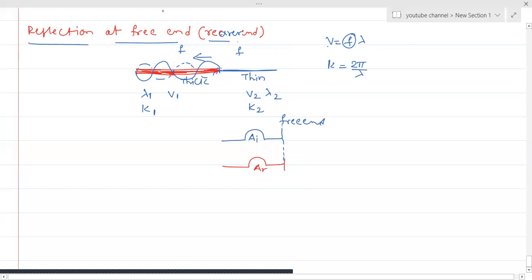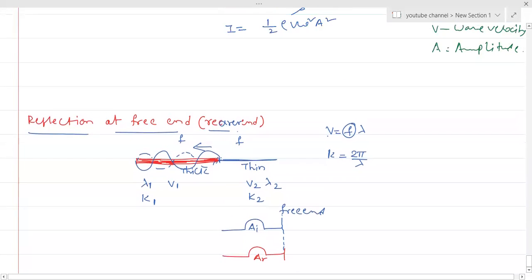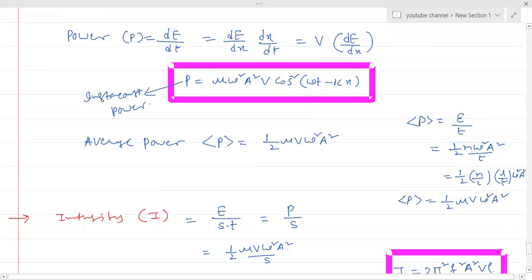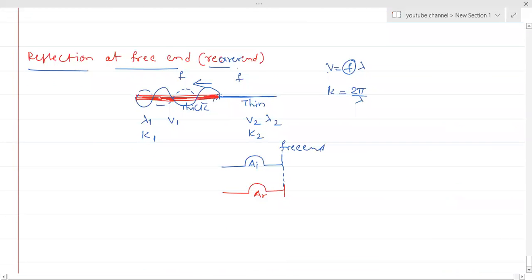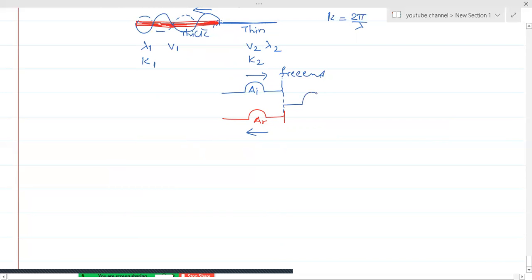As we studied earlier, it suffers zero phase difference. That's why if a crest is incident on it, automatically we have the reflected wave also as a crest. The phase difference between these two waves, the incident and reflected waves, is zero. And when we think of the transmitted wave, if some part is transmitted, it also has the same phase. We call this AT.